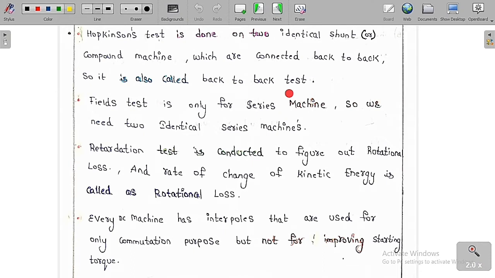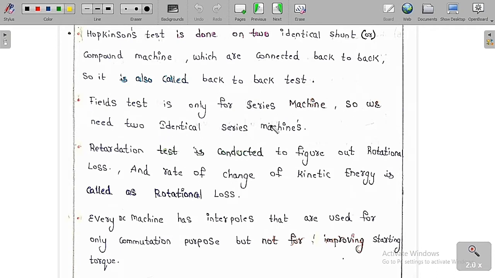Whatever input is taken is in terms of the losses consumed by both machines. With this test we can find the efficiency of both the generator and the motor.